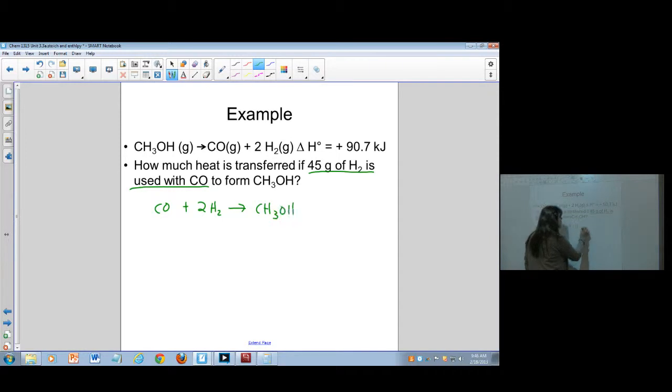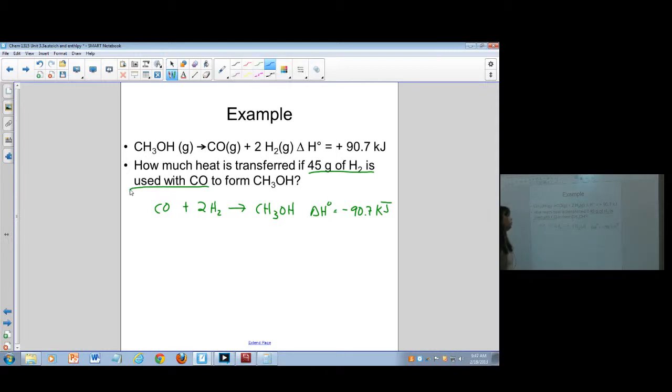What do we need to do with the delta H value for this reaction? Well, we reverse the reaction, so now our delta H is a negative 90.7 kilojoules. Notice it's the same value, but because we reverse the reaction, it's going to be a negative number.